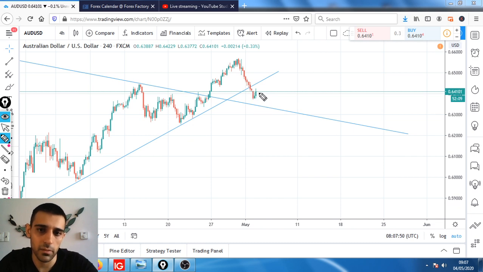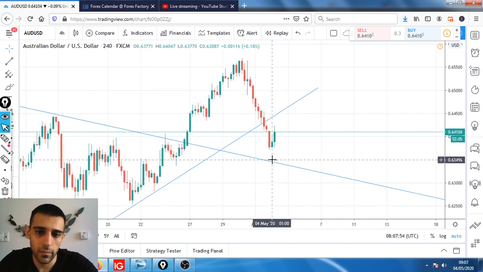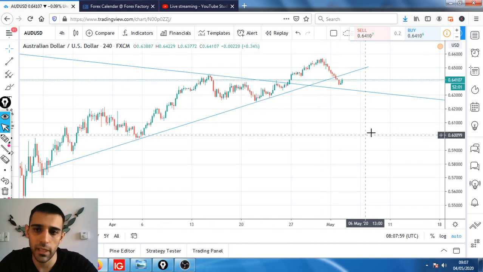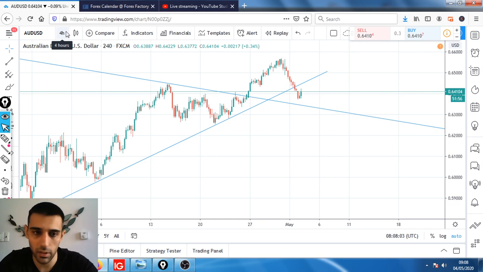We have this retracement, and if we go closer, the last 4-hourly candle closed as sort of an inverted hammer, and this candle is now closed for almost another 3 hours.